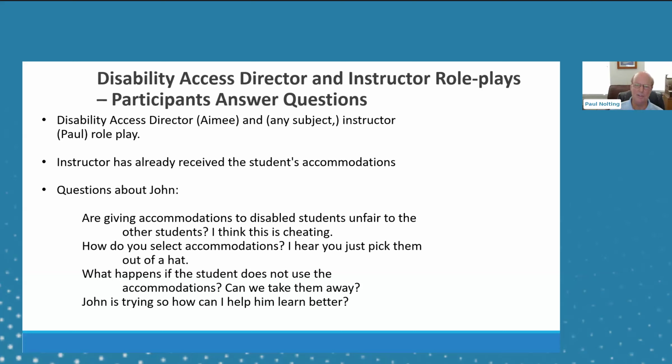Excellent. How do you select accommodations? I heard you just pick them out of a hat. I've seen a bunch of the accommodation forms. I don't get it. They're just everywhere. So what do you really do? Basically, in higher education, we look at reasonable accommodations, which are accommodations that do not fundamentally alter a course.